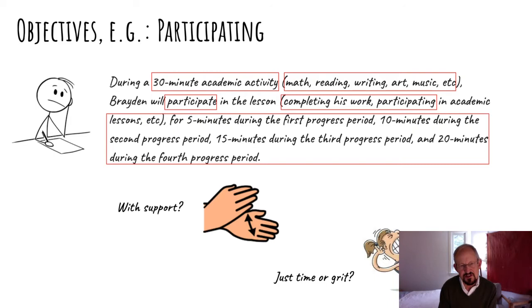Another piece of this is the time involved in being engaged with this lesson, for example, in participating. Is participation just doing something, right, or is this the sustainability, or the grit, of that child being able to sustain participation? For example, I have an activity. Let's say it lasts 30 minutes, and let's just say it's math.